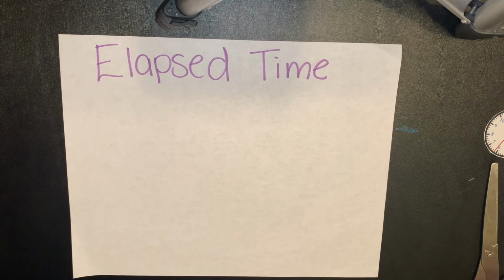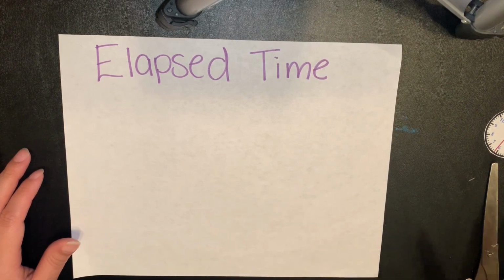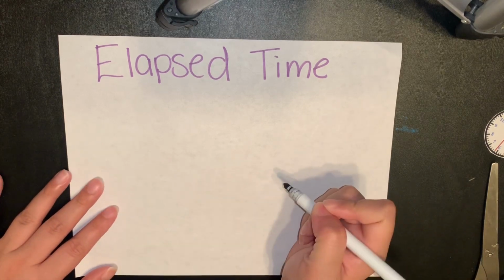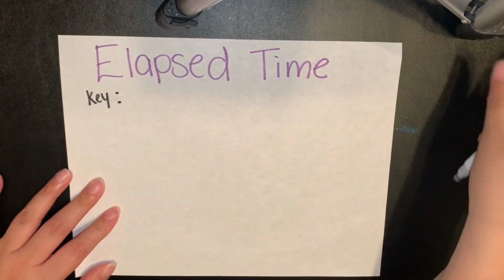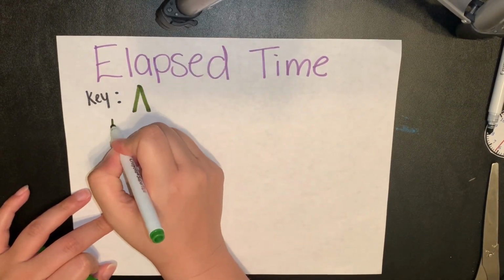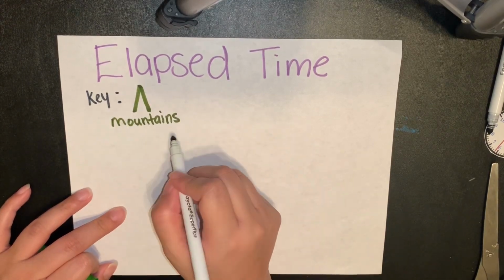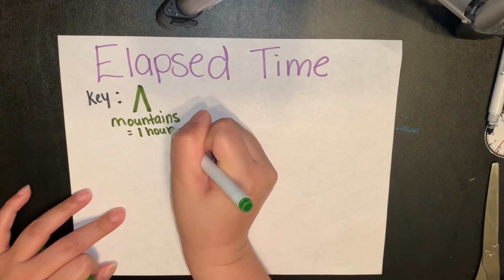In order to get a better understanding of elapsed time, we're going to make ourselves a key. This key is going to help us later on in trying to understand how much time has passed from the beginning to the end. Our key is going to consist of mountains, which represent 1 hour.